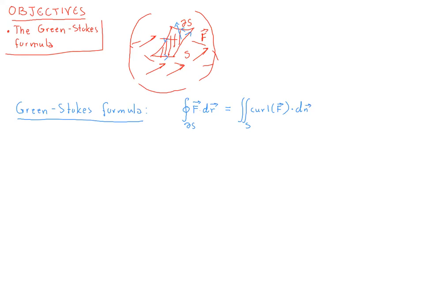Please understand that we can express this in two different ways because there will be another pair of compatible orientations. If you think about it, the boundary can be oriented in two ways. The surface can also be oriented in two ways. We suppose that we have an orientable surface.